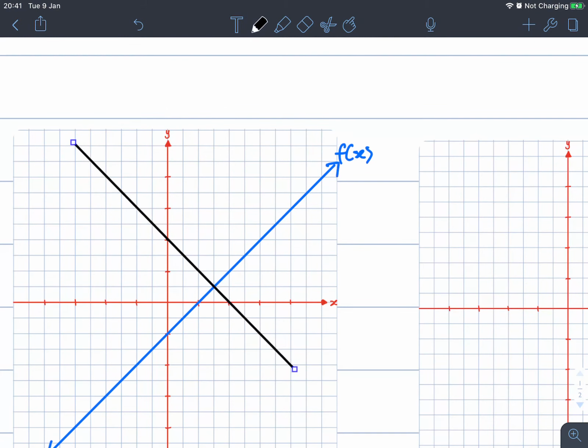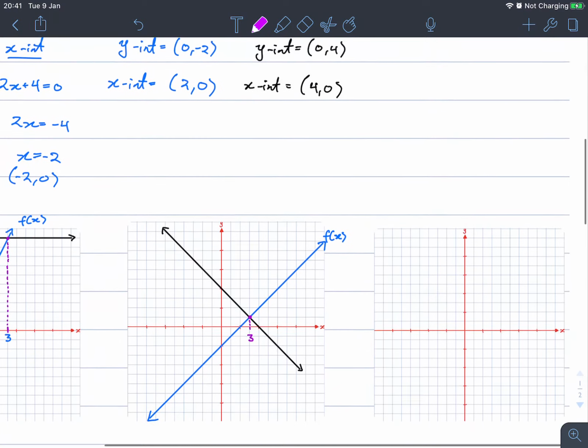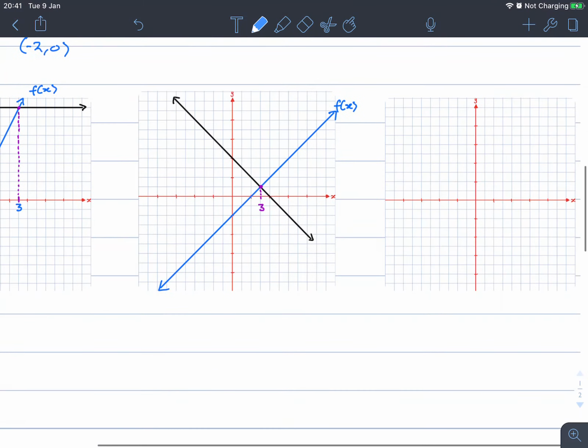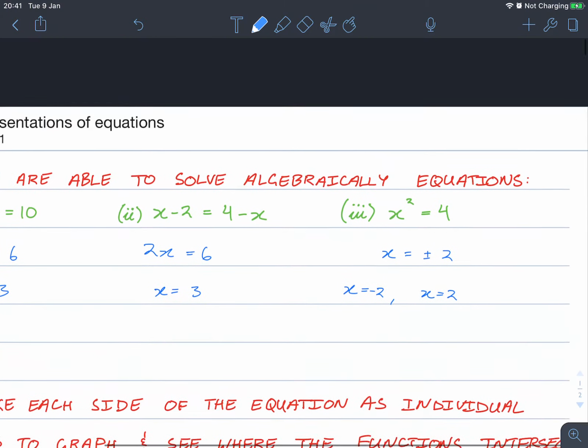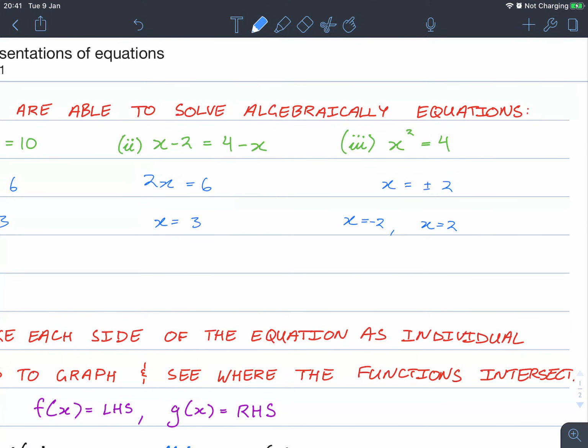As you can already see, they are intersecting at a point, this point here in purple, and that's representing the x value of 3. So graphically, x is equal to 3, which once again corresponds to the solution we found algebraically.